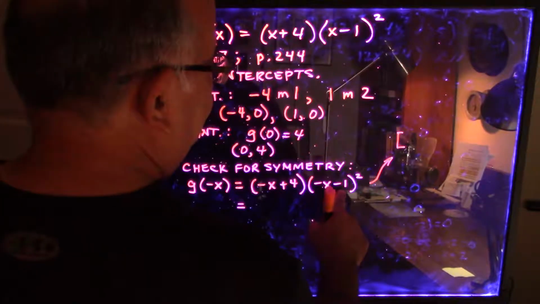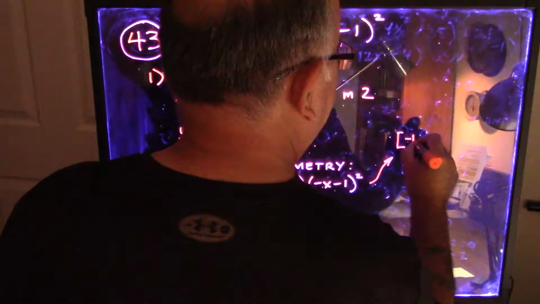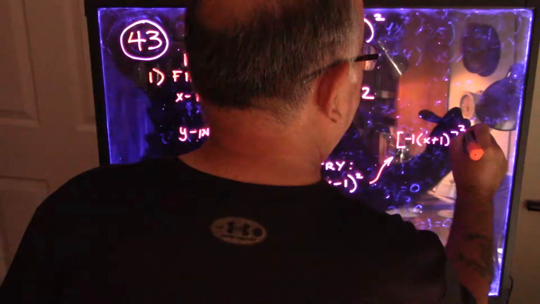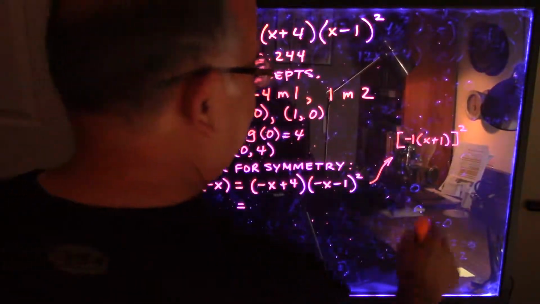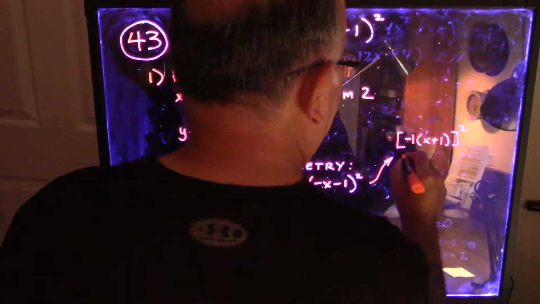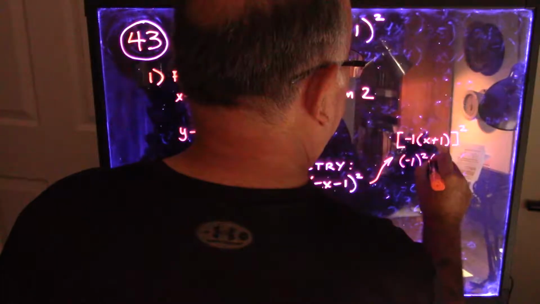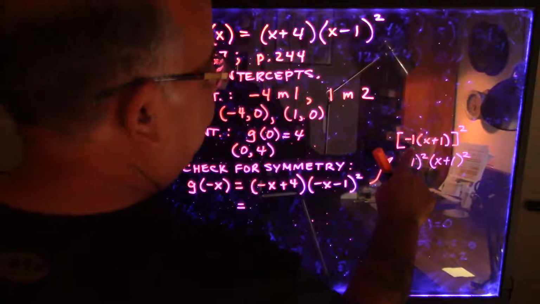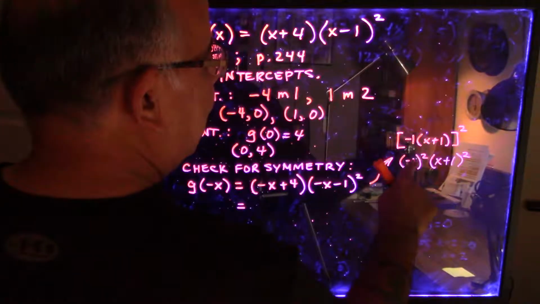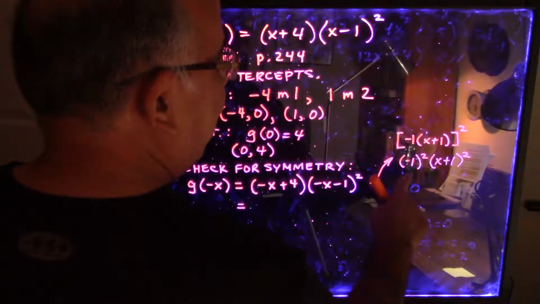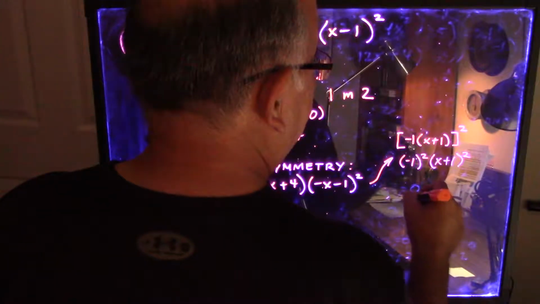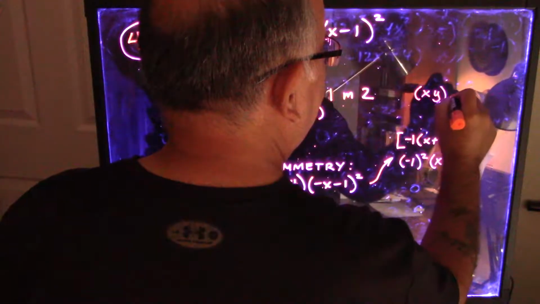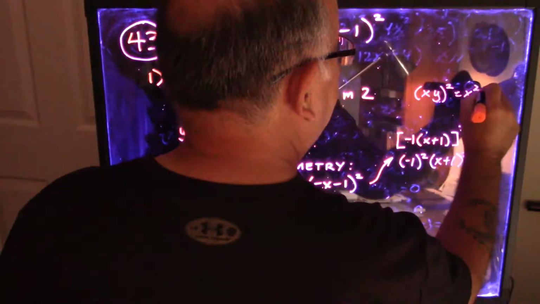You factor out a negative 1 from these two terms, so put that in front. That leaves you with an x plus 1, and you're squaring all of that, okay? And then you square the negative 1, and then you've got the x plus 1 that's being squared. All right, so this is two factors being squared, so you could put the power on each factor. That's xy squared equals x squared y squared.